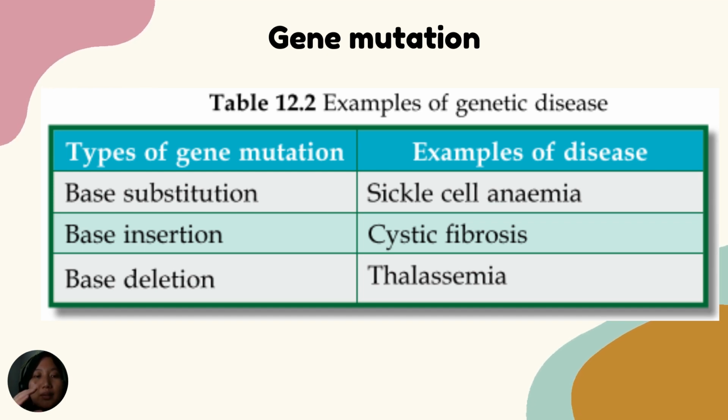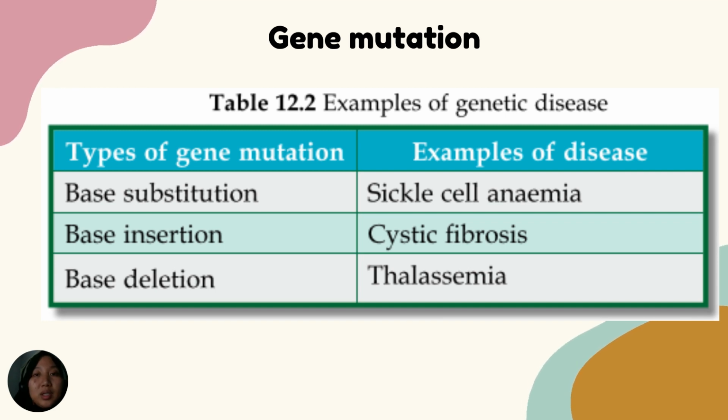Sickle cells means it's like a sickle shape, a crescent moon. So it's an abnormal shape for the erythrocyte, for the red blood cell. Anemia stands for the situation where the red blood cells have mutated into sickle cells, so it will reduce the ability of the red blood cell to carry oxygen.